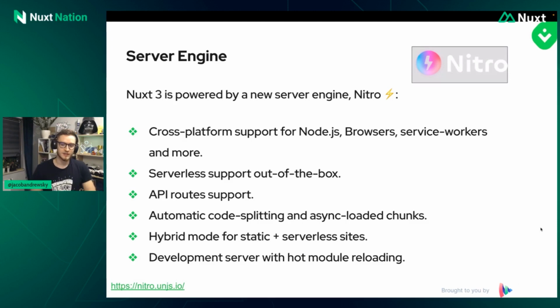Nitro has cross-platform support for Node.js, browsers and service workers. It supports serverless out of the box. It supports APIs, API routes to be more specific. It has automatic code splitting, supports hybrid mode, and has hot module reloading in development. All the goodies you might need to build a server application.